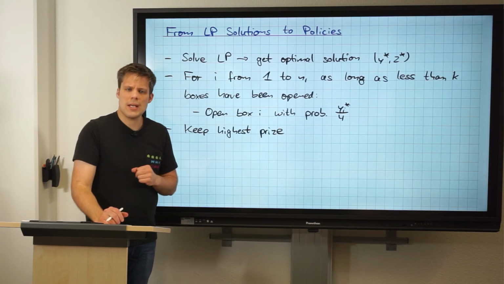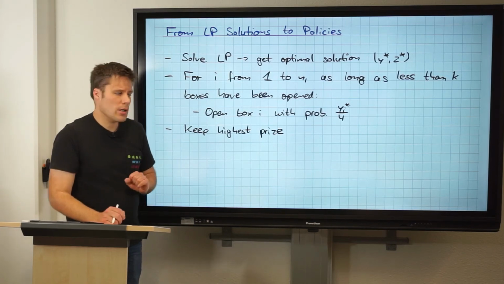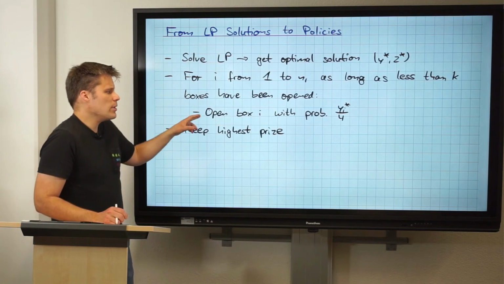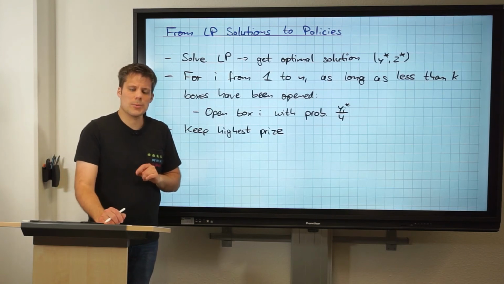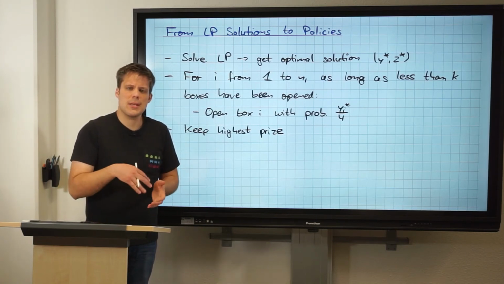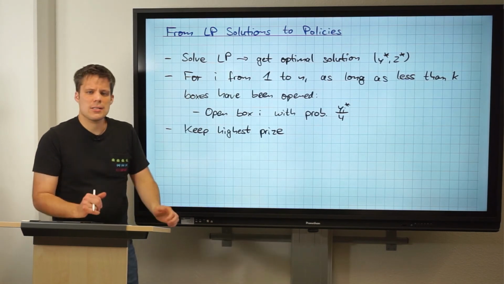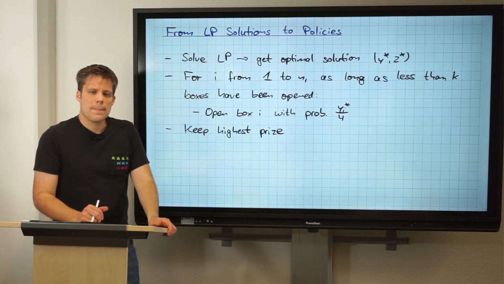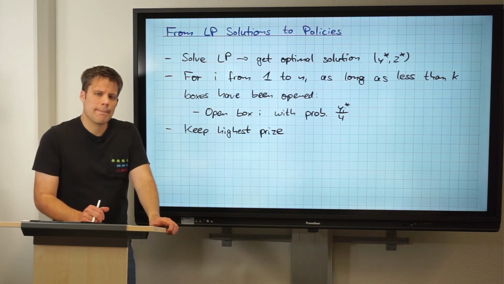But this is just a randomized algorithm which devises a non-adaptive policy. The point is, it doesn't actually matter what we find inside the boxes. So this is something that we can do beforehand, just going through this and then deciding, and then this actually decides which boxes we should be opening.